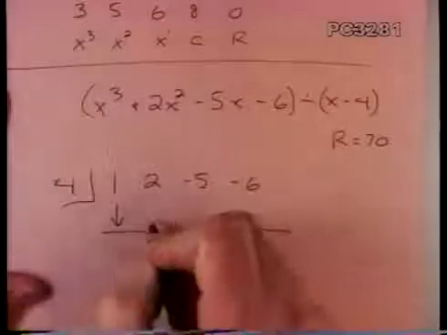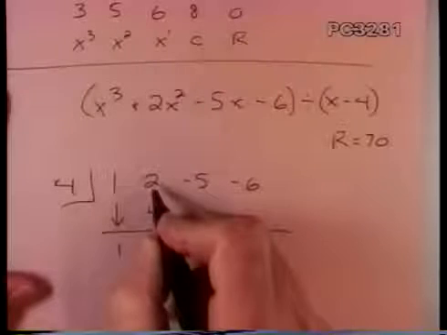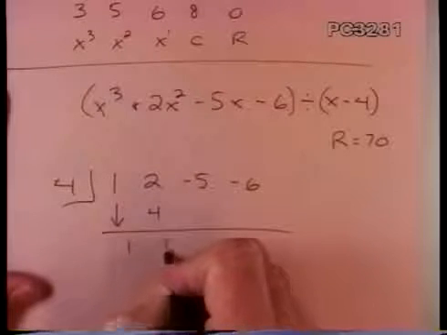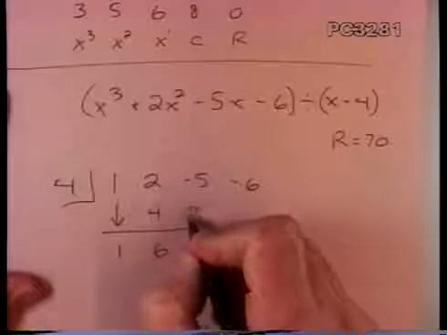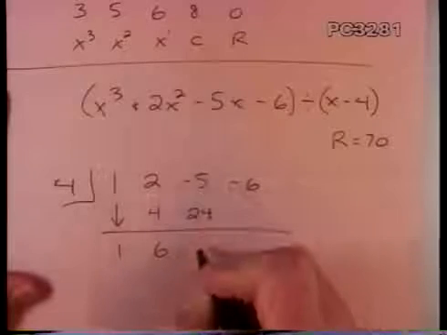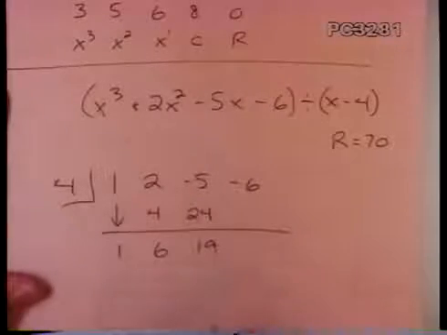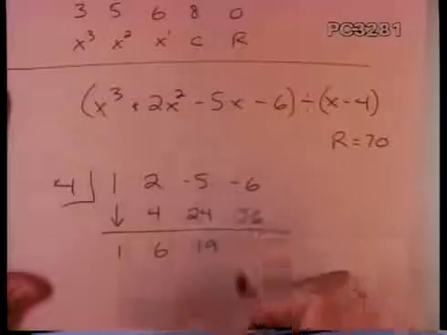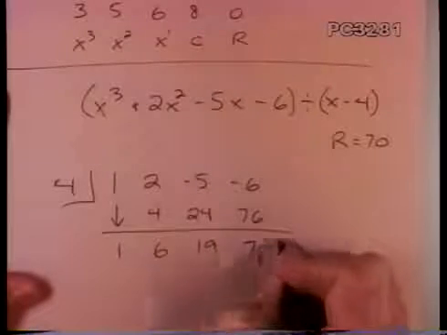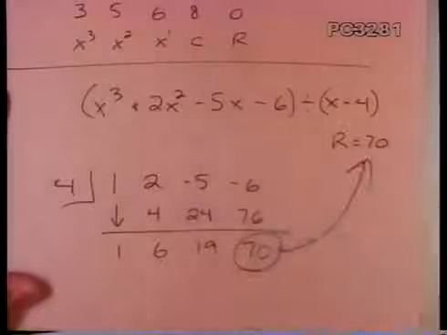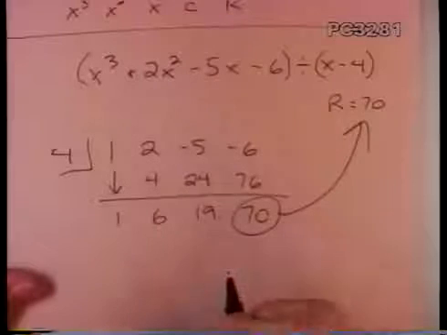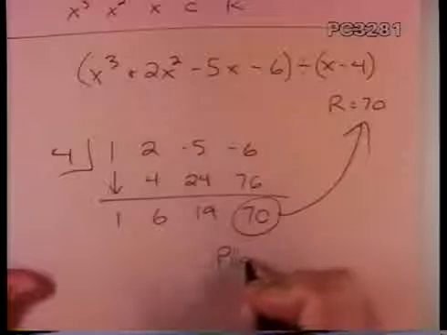So you get 1, 4 times 1 is 4, 2 plus 4 is 6, 4 times 6 is 24, minus 5 is 19, 4 times 19 is 76, minus 6 gives us 70. There's your remainder. That's what you get when you evaluate P of 4.